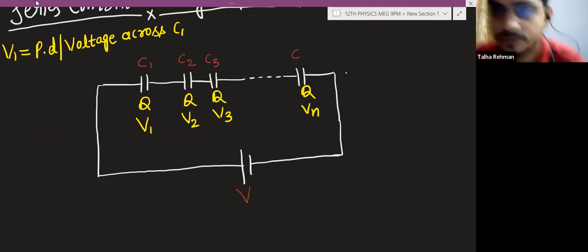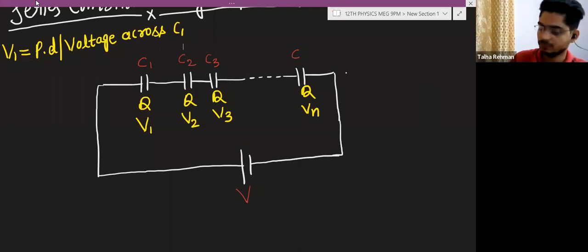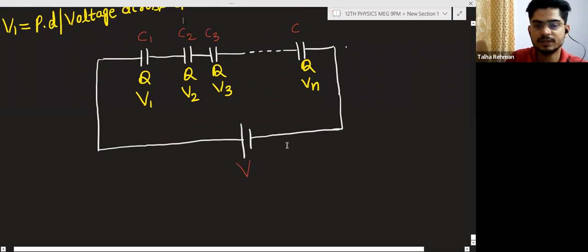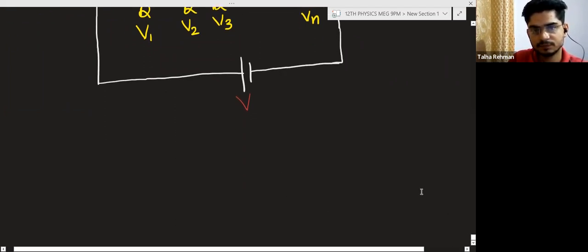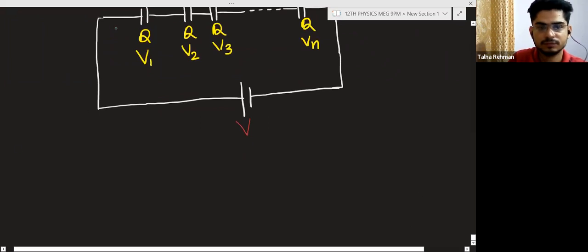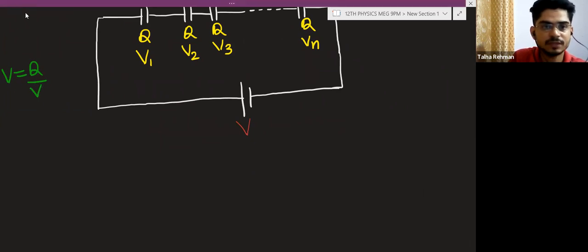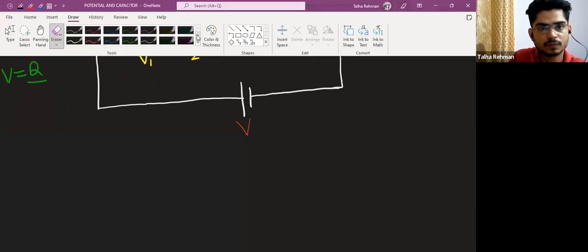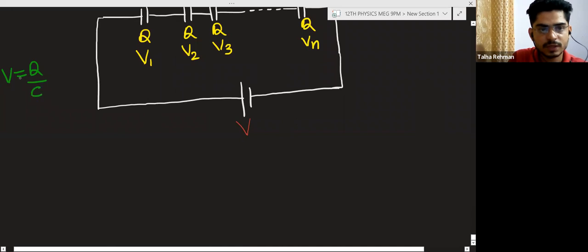Now you can tell this very easily. We have the formula for potential: V is equal to Q by C. What is V here?